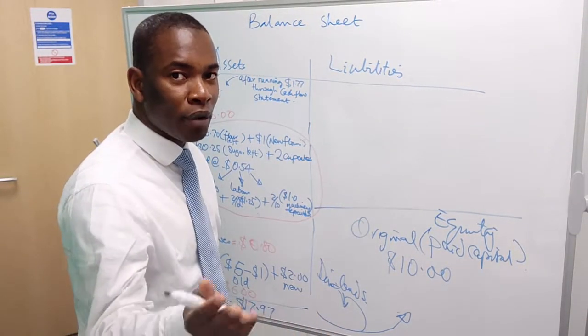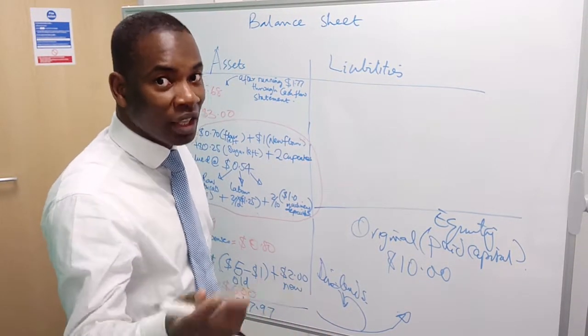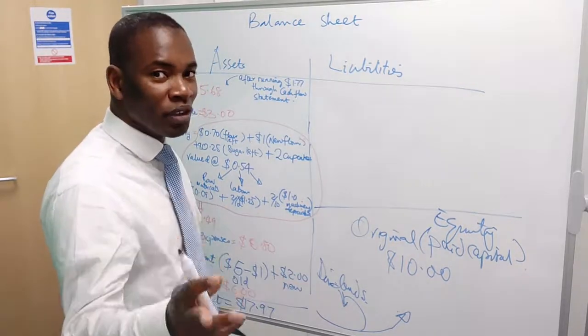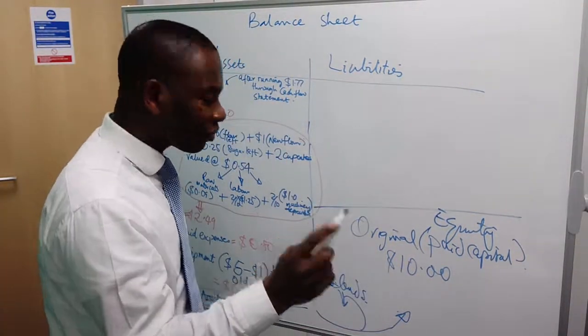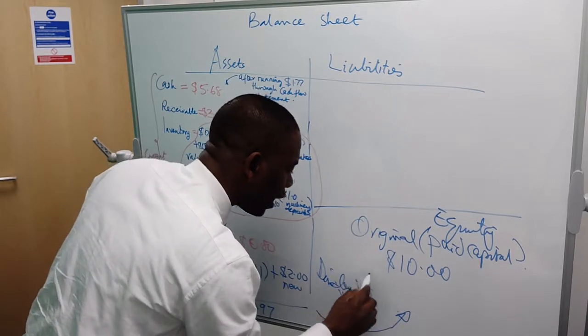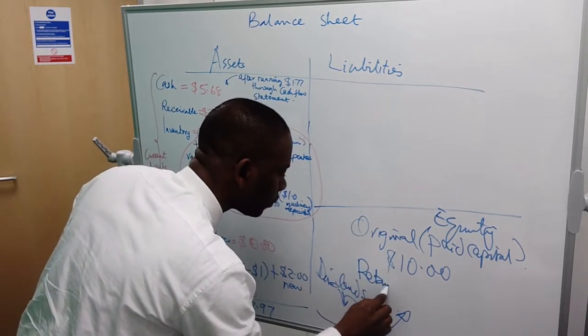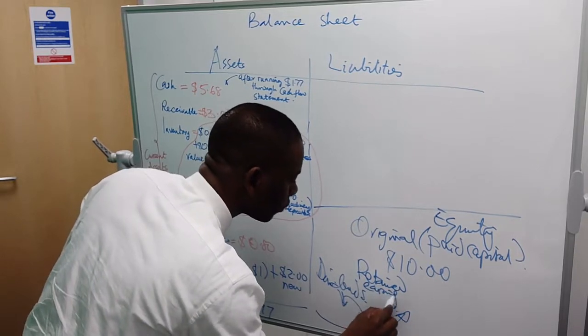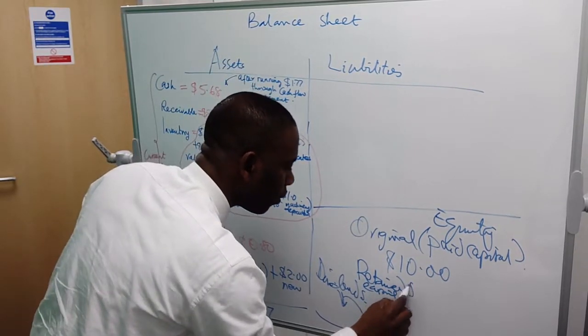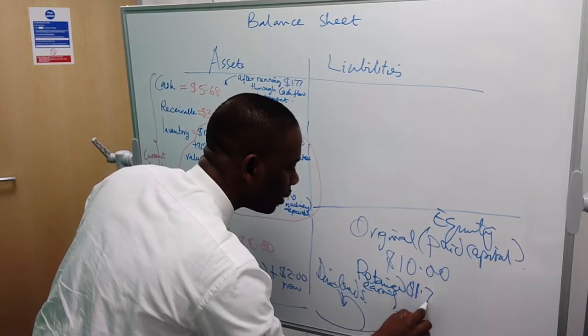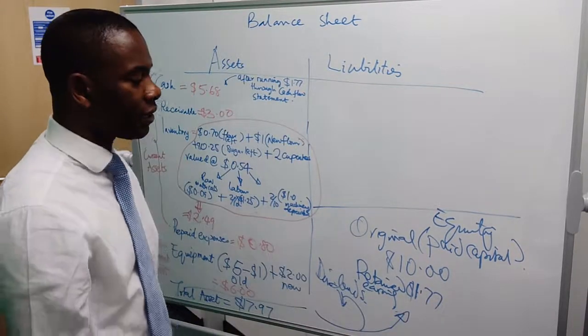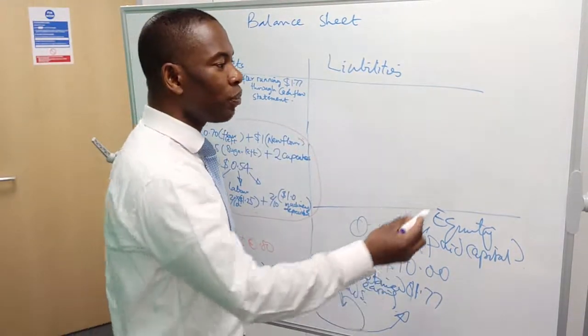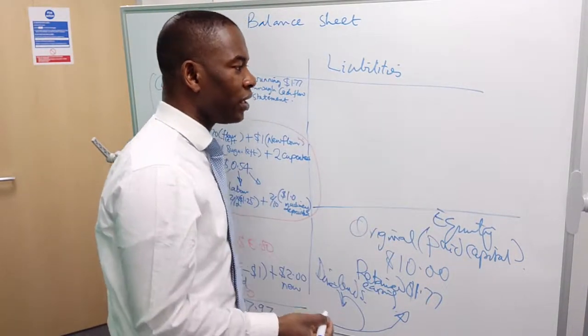We are not a company that borrows money to pay dividends. There are some companies that do that, so I'm just trying to tell you. So now if we say retained earnings, we say $1.77.